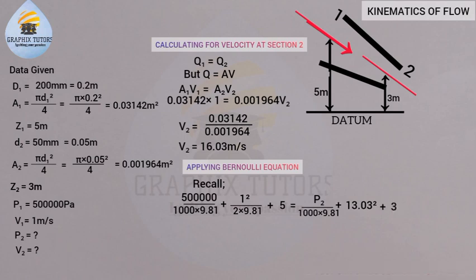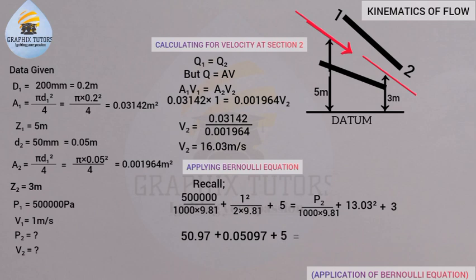Now if I do the needful, if I divide 500,000 by 1000 times 9.81, I'll be having 50.97 approximately, plus 1 square, which is 1, divided by 2 times 9.81, that will give us 0.05097, plus 5 equals P2 divided by 1000 times 9.81, right?